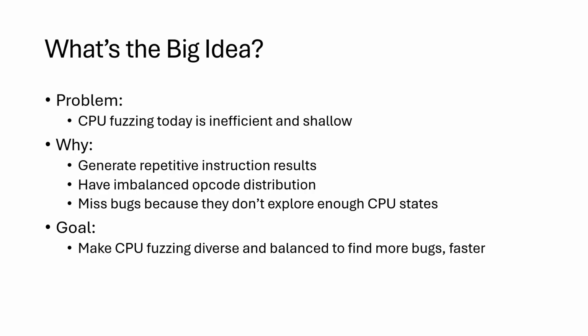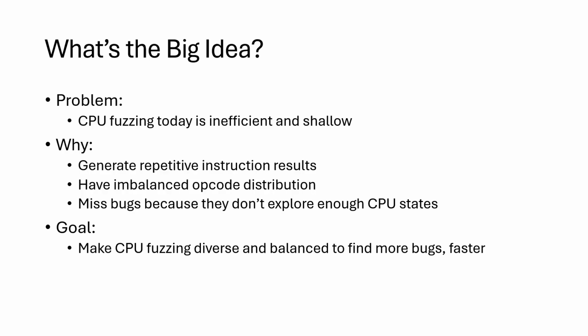Here's the problem, however. Existing CPU fuzzers are very inefficient and shallow. By inefficient and shallow, I mean they take very long to generate meaningful bug results, and they don't touch on hard-to-find bugs that a human designer would be able to find manually, whether over the course of days or weeks.